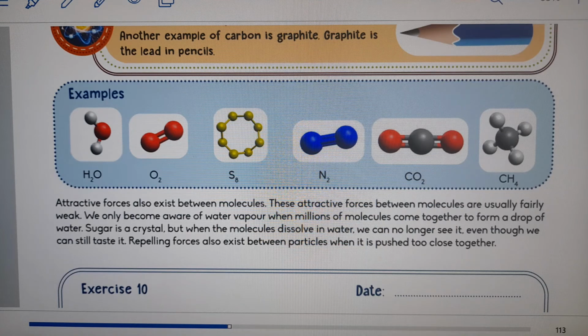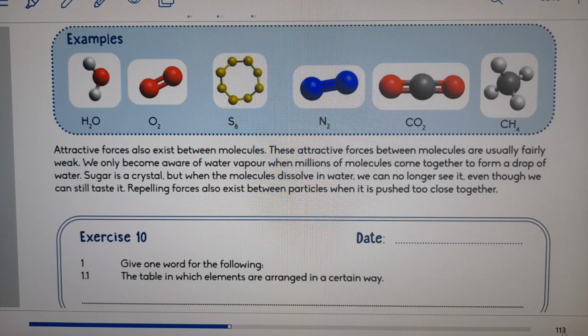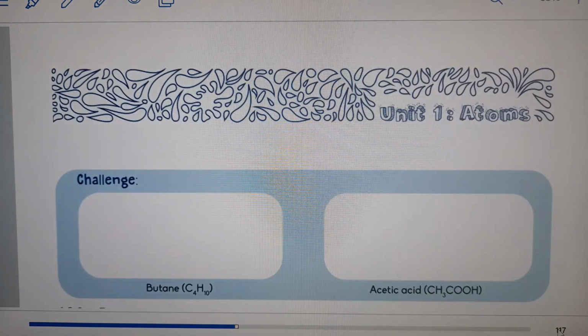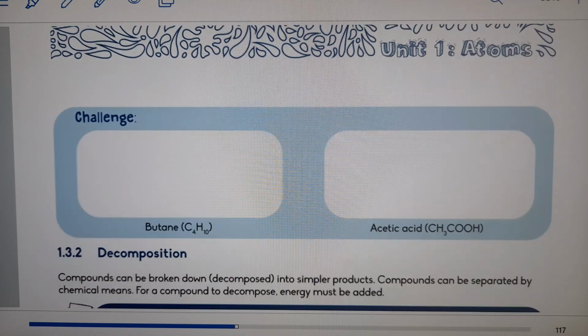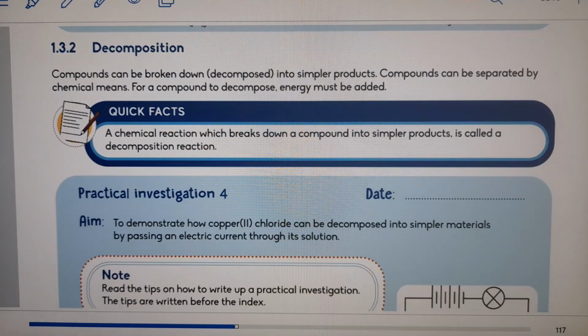So before we get to the exercise, I don't want to skip page 117. Now we've learned about the forces between compounds. Then we can go to page 117 and look at decomposition. They say compounds can be broken down or decomposed into smaller parts by heating or by electrolysis.